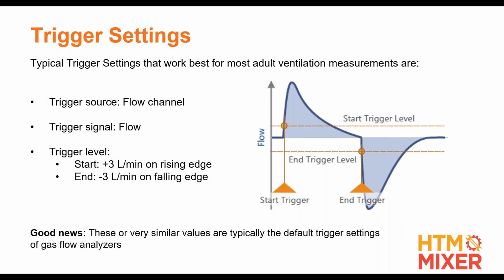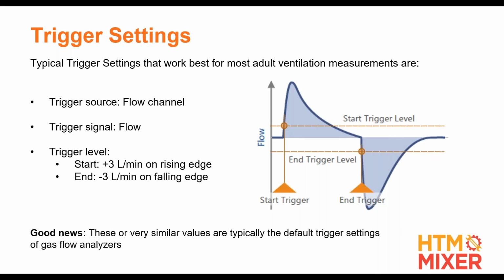So in this case, we'll measure our trigger source through the flow channel. The flow signal itself would be the one of the two that we want to pick instead of pressure. We want flow. And then the trigger levels we would set at about +3 liters per minute and about -3 liters per minute. And then we get pretty much the entire inspiratory phase, and we know when exhalation starts. The good news here is most analyzers have settings that are very similar to this as their default.